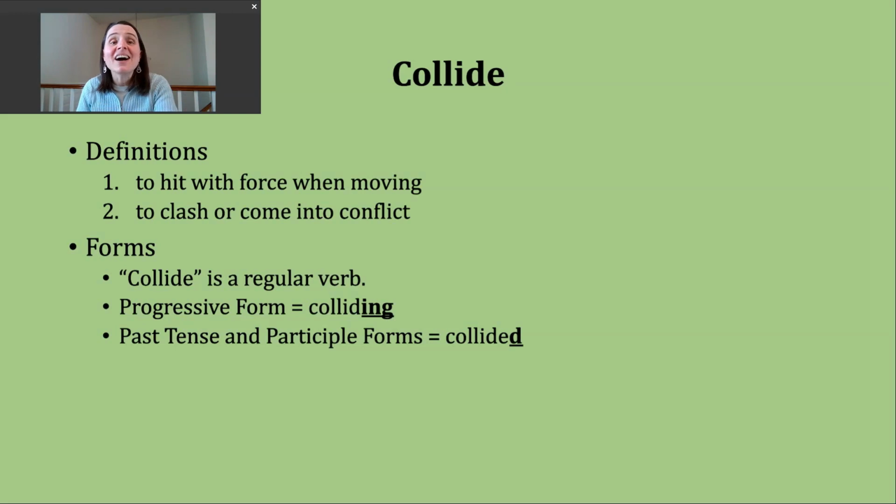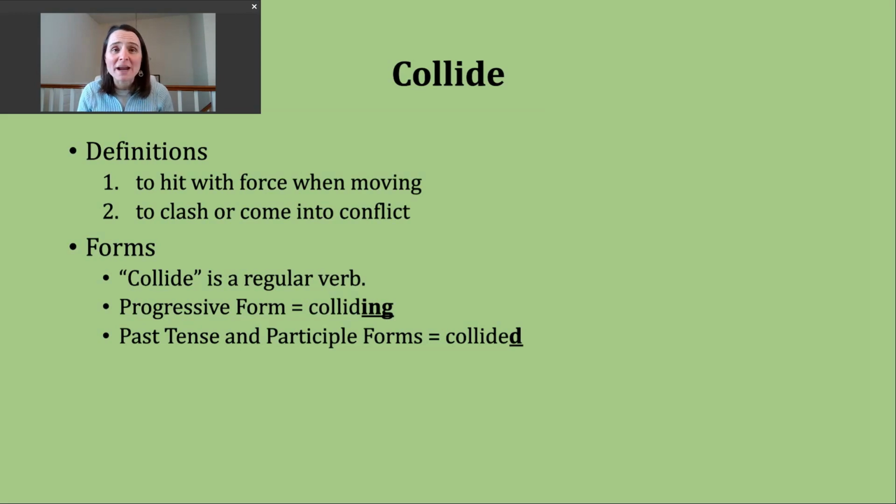You should know that collide is a regular verb. To make the progressive form of this verb, you need to drop the E on the ending and then add ing to form colliding. The past tense and participle forms of this verb can be made by just adding the letter D, since this verb already ends in an E. Our base verb, collide, ends with a D sound.